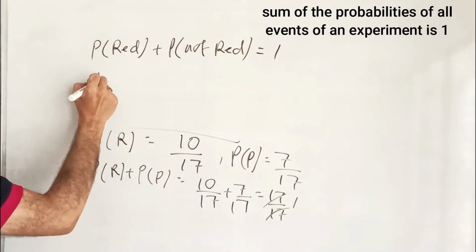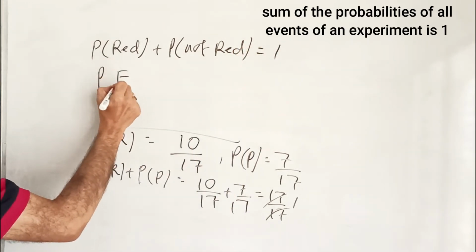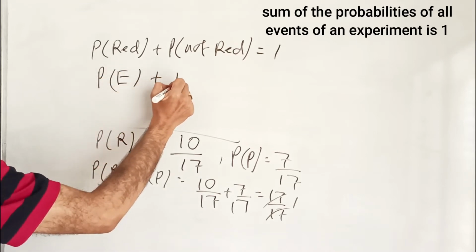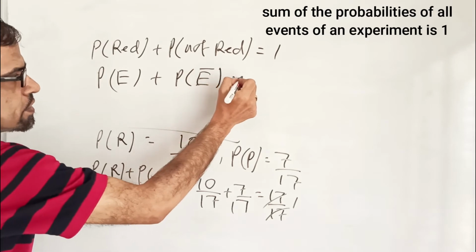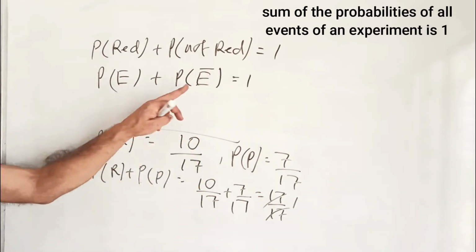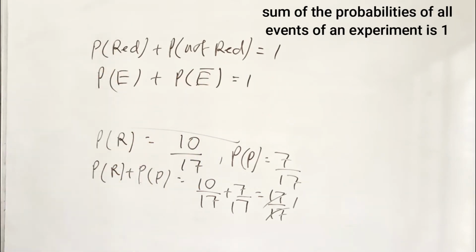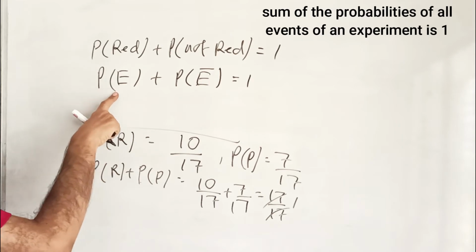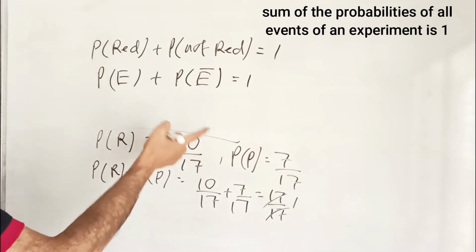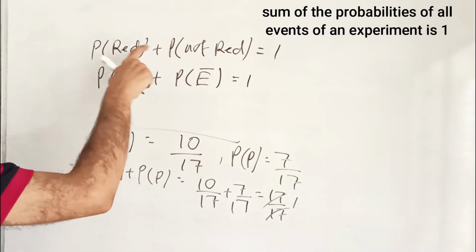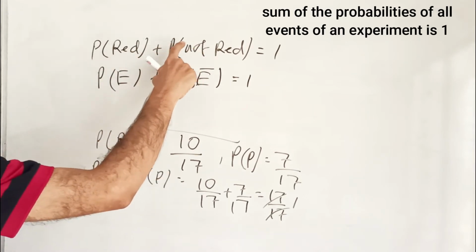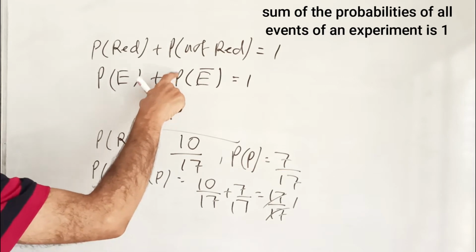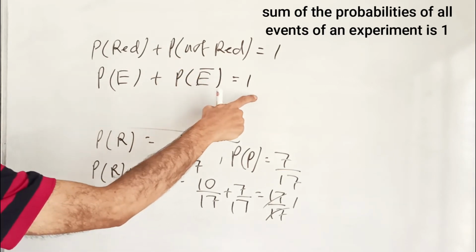In general, the important equation is: probability of the event plus probability of not event, E bar, is equal to 1. E bar means just the opposite of this one. This is our event, the favorable event is red. Not our event means pink, another color.